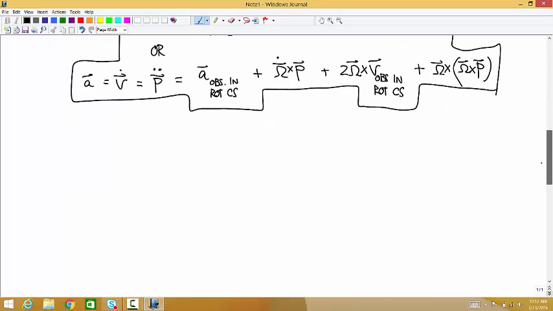Okay, so now I want to think a little bit about comparing these 2 equations that sort of look similar but do different things.